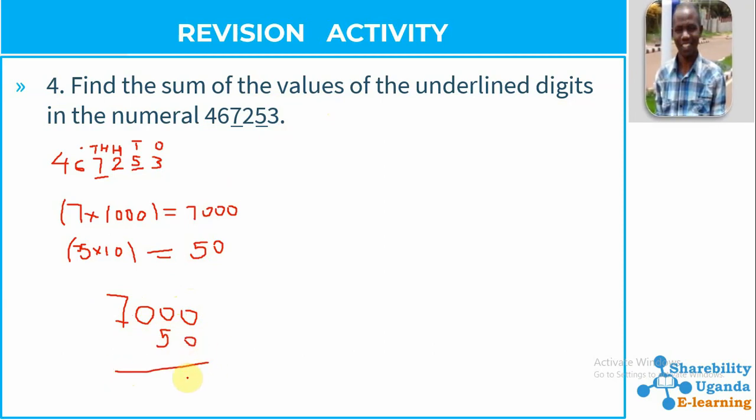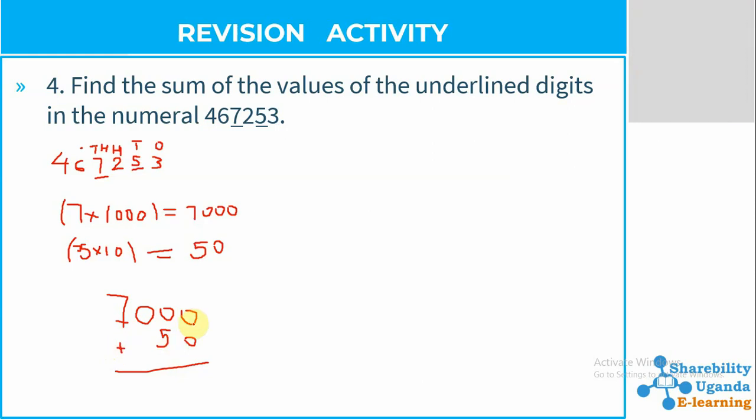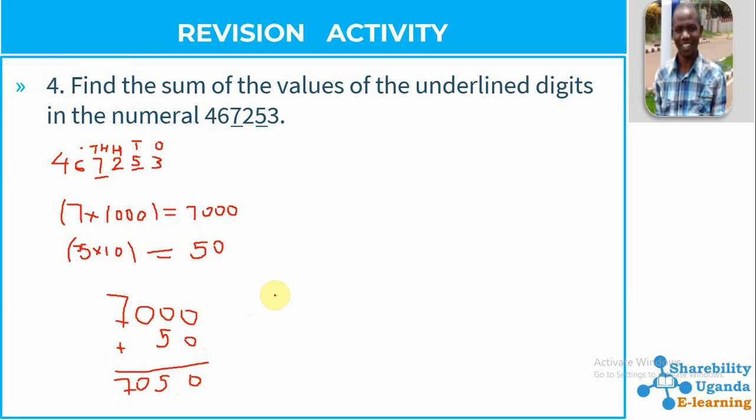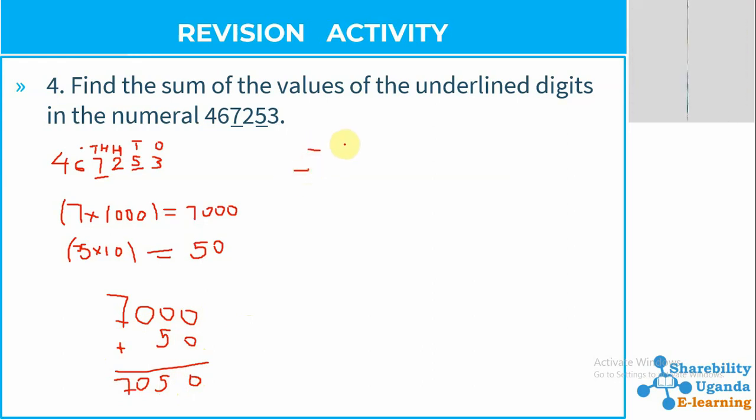Then we make the addition, because when they say sum it means addition. So 0 plus 0 is 0, 5 plus 0 we get 5, then 0, and there a 7. So our answer is 7,050.